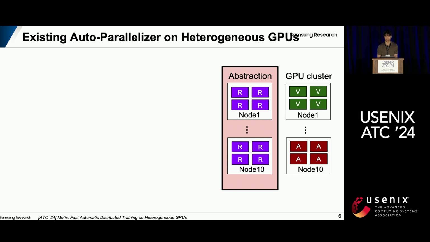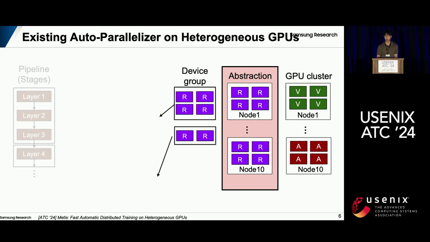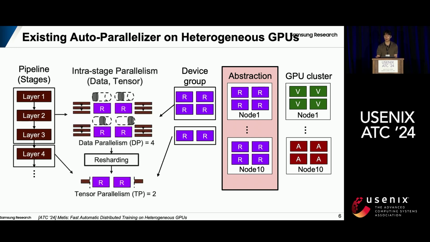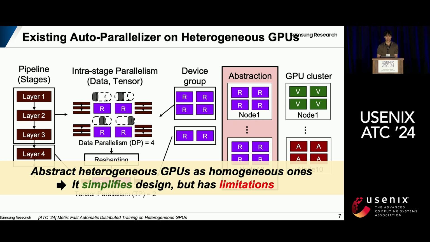And after this abstraction, the remaining process of the auto-parallelizer is all the same as in homogeneous GPUs, such as creating device groups and stages, pairing the stages with device groups, deciding intra-stage parallelism, and so on. So as you can see, this abstraction simplified the system design because we don't have to modify the existing components of the auto-parallelizer, but it has several limitations in finding an efficient parallelism plan on heterogeneous GPUs.